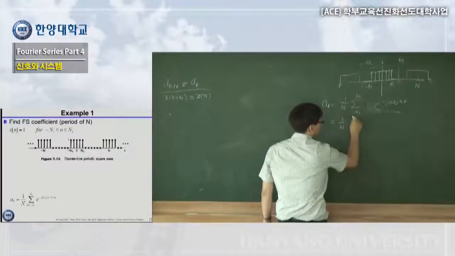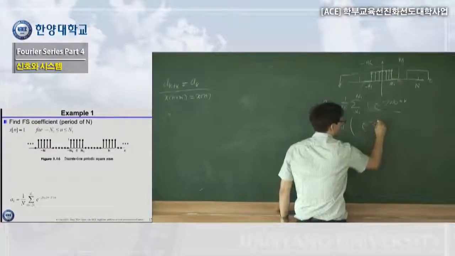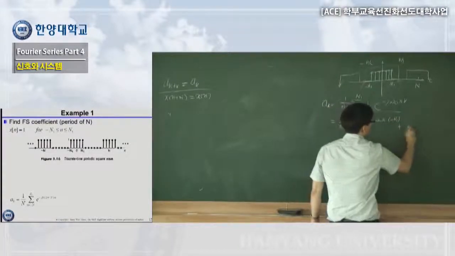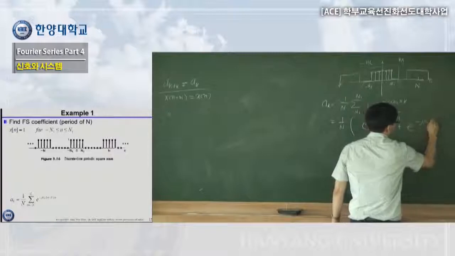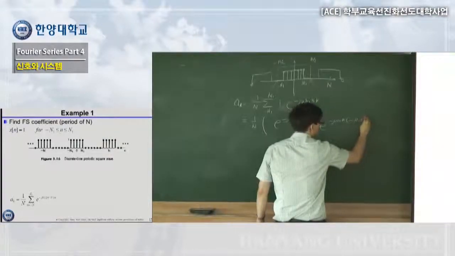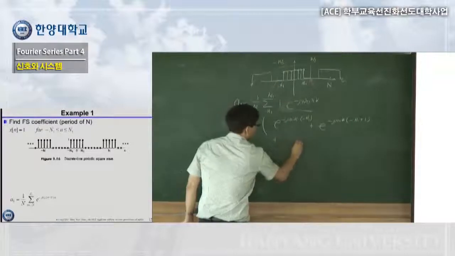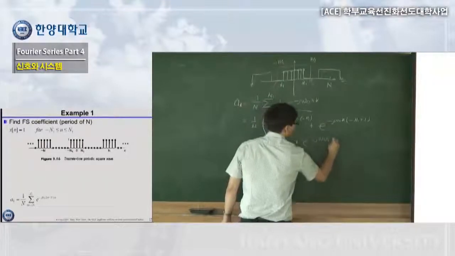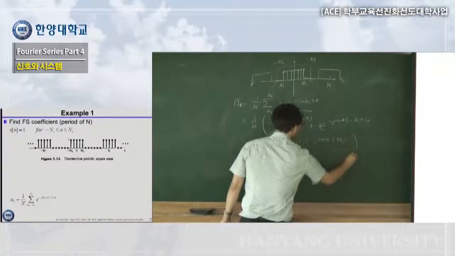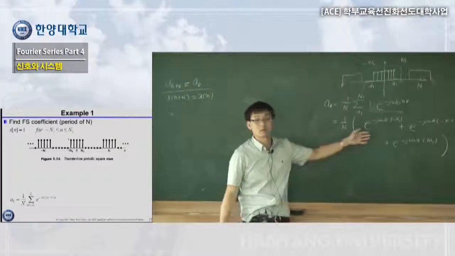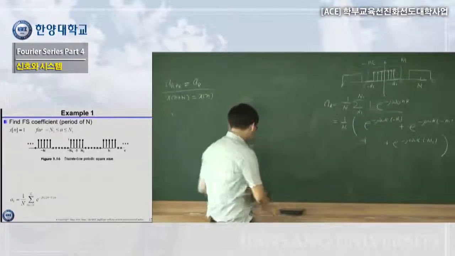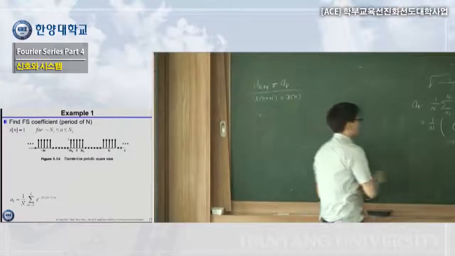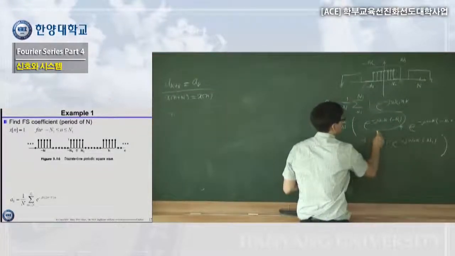Here's what? e to the minus j omega 0 k times N1, plus e to the minus j omega 0 k times (N1 plus 1), like this, until e to the minus j omega 0 k N1. This is what? You can consider them as, this is our a_k.